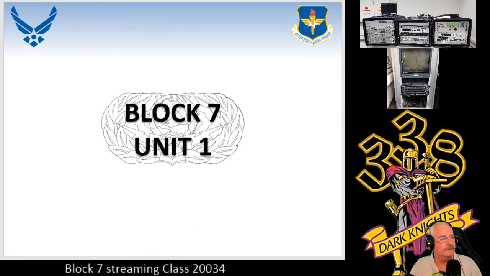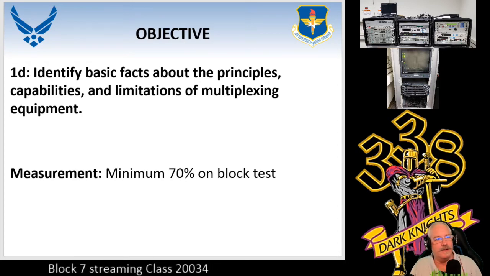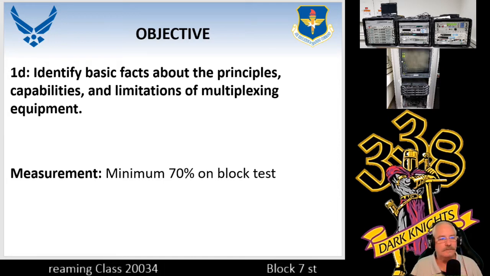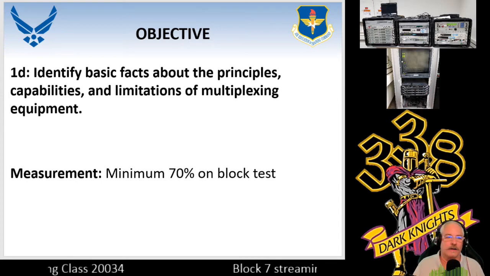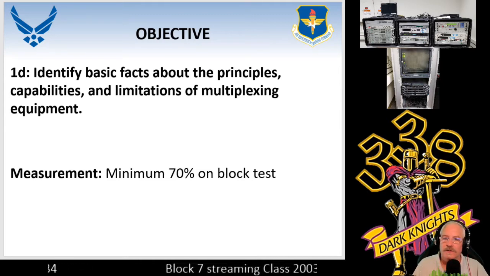1 delta. We're going to look at identify basic facts about principles, capabilities, limitations of multiplexing equipment. Just remember, you got to get 28 out of 40 correct on the test to pass. Again, it's a pretty tough test. Is anybody out there taking college courses online?